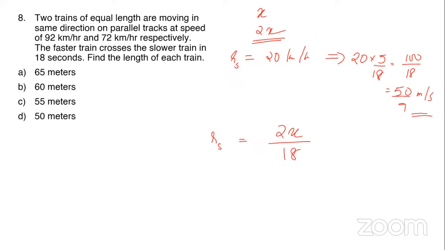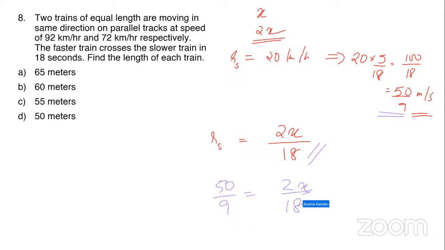So now you have two values for the relative speed, 50 by 9 and 2x by 18. Both are the same relative speed, so you can equate them: 50 by 9 is equal to 2x by 18.